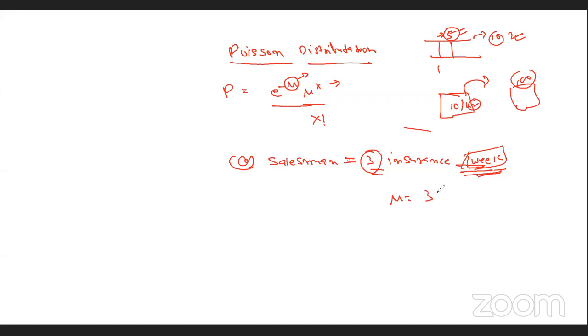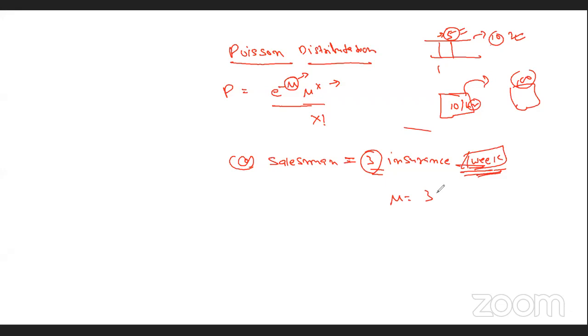Suppose I ask you: you have a salesman under you who sells 3 insurance per week. How many policies will that salesperson be able to sell in this given week? I can try to solve this problem.